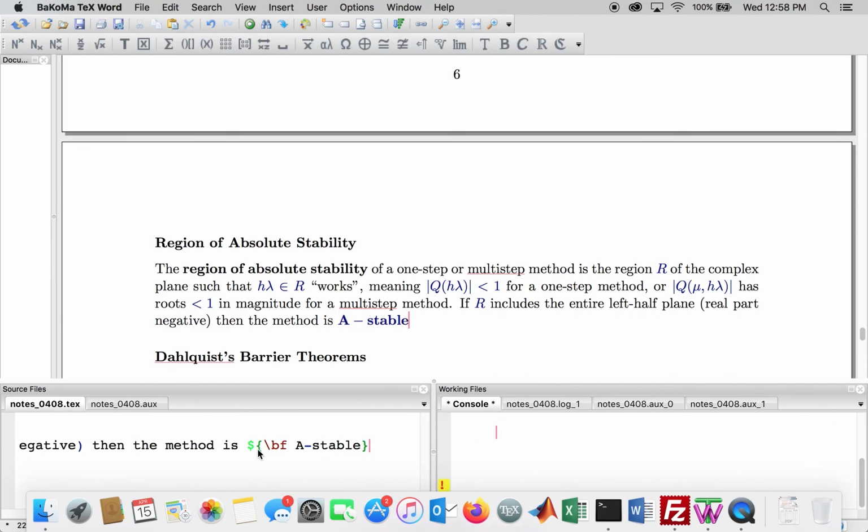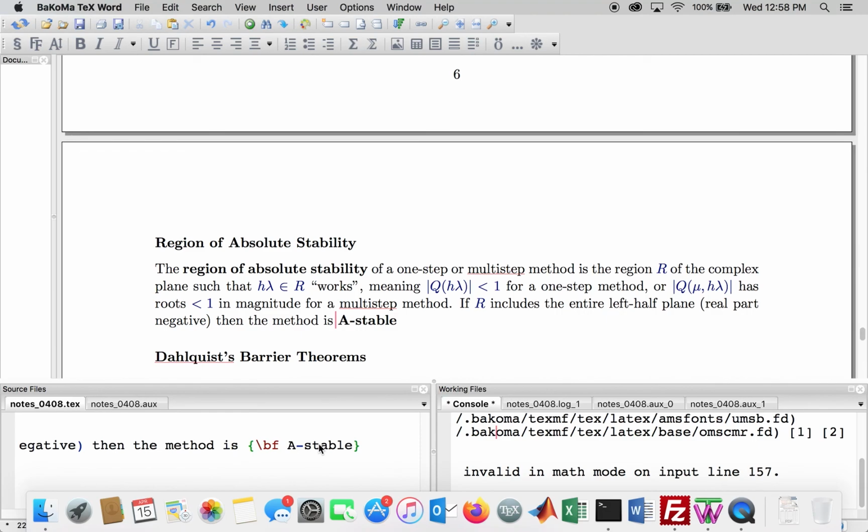So we like A-stable methods because then you can pretty much choose whatever h you want for whatever lambda you want, and it doesn't matter.